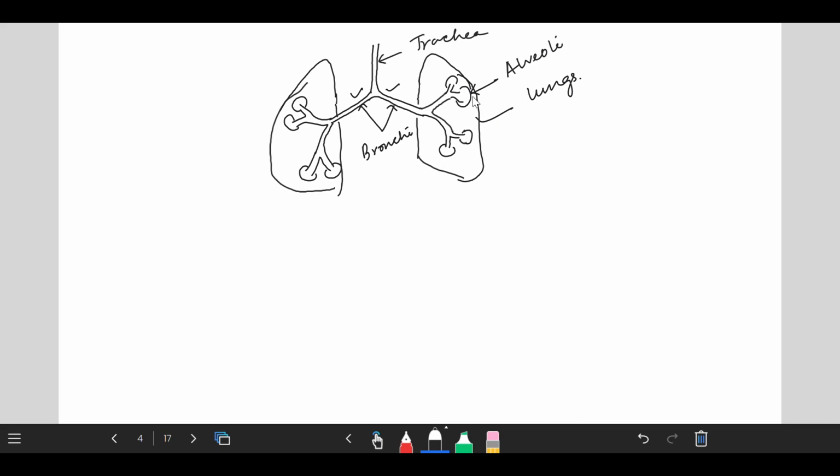An individual one is known as alveolus, but all alveoli together, alveoli is the plural form and alveolus is the singular form. And here is a membrane, that is diaphragm. And this is the pleural membrane.